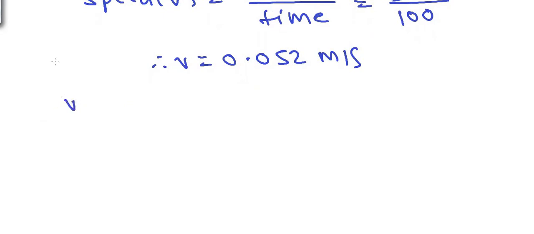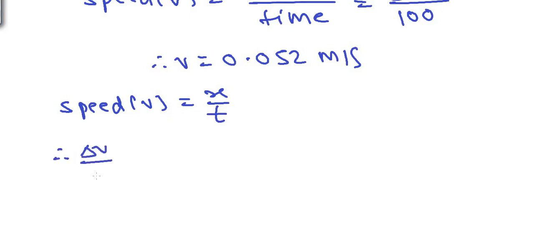Now speed v is the division of two quantities, distance and time, so distance upon time, and therefore we get the relative error in the measurement of speed is equal to the algebraic sum of the relative error in the measurement of distance plus the relative error in the measurement of time.